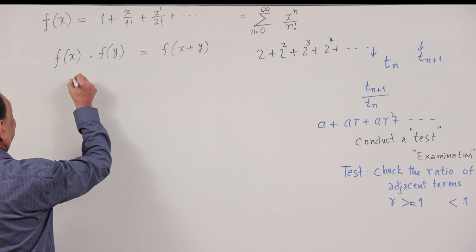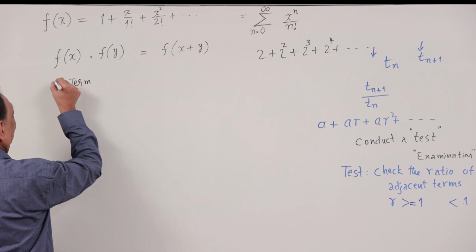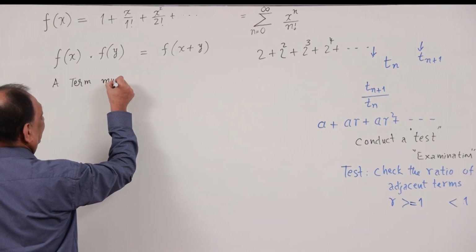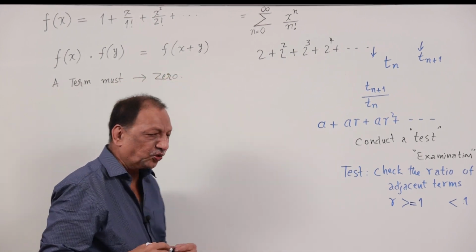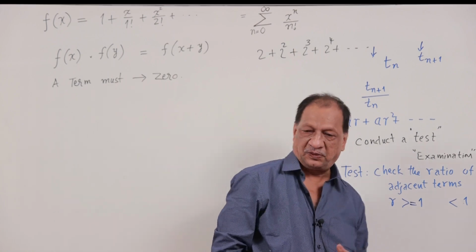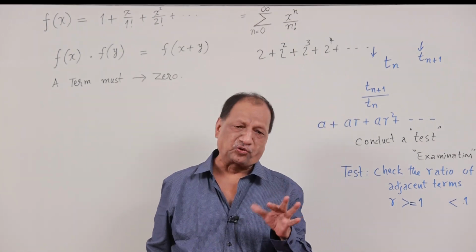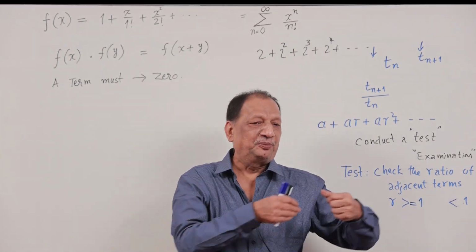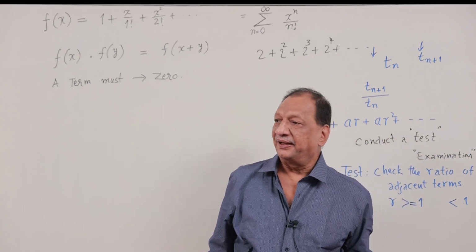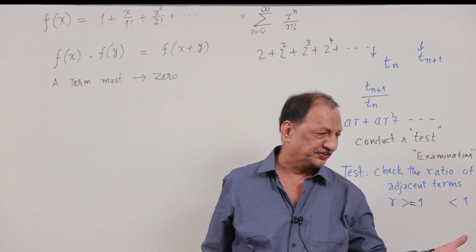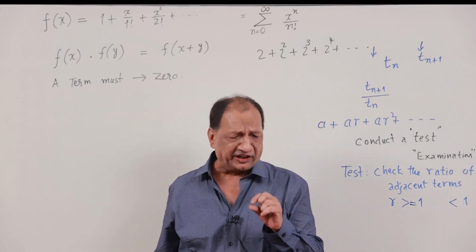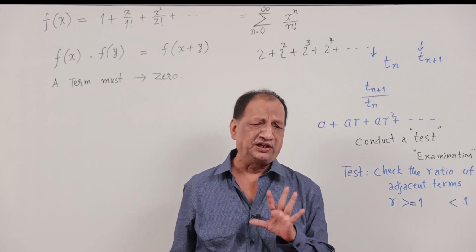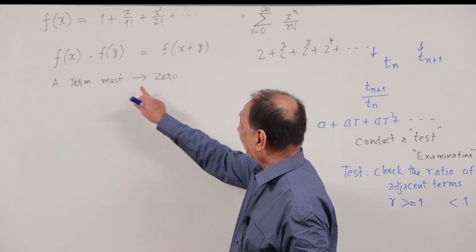That is, a term must go to 0. Otherwise, if a term doesn't go to 0 as n goes to infinity, there is no question of convergence. Obviously you will be adding an infinite number of non-zero items, so it will become divergent or oscillating, as the case may be. Definitely it is not convergent. Our interest is only in convergence. So a term must go to 0.